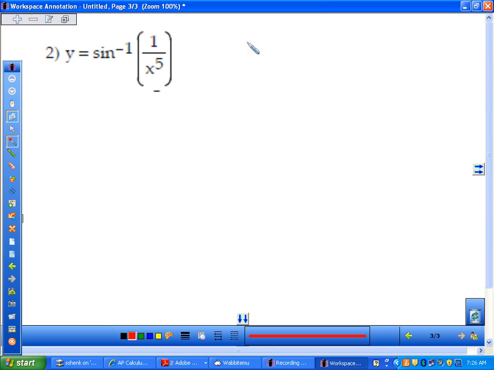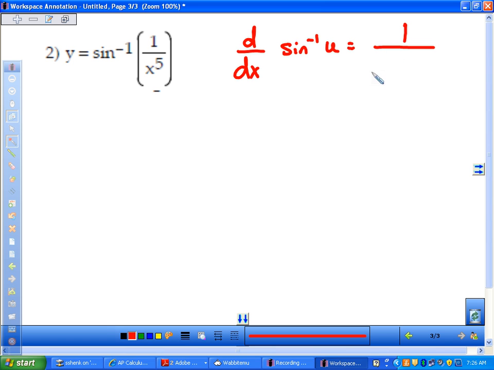So what is the derivative then for arc sine u? 1 over radical 1 minus u squared du dx. Okay, so our u in this case is what? 1 over x to the 5th. Or what would be a better way of saying 1 over x to the 5th?